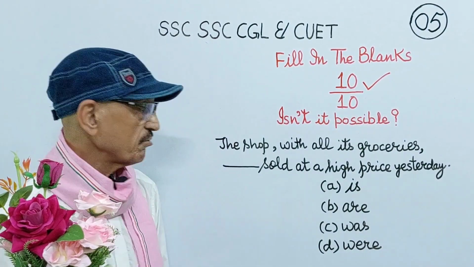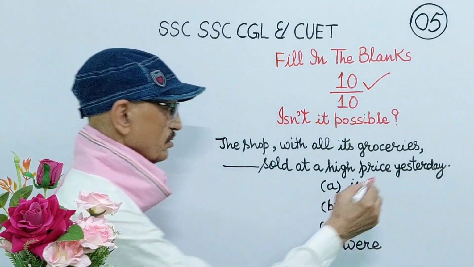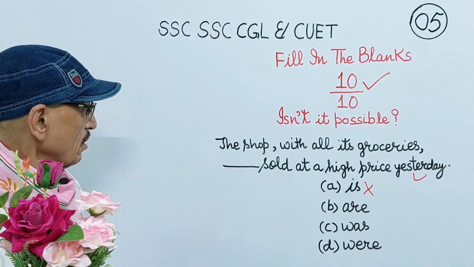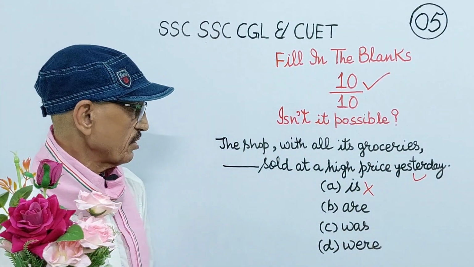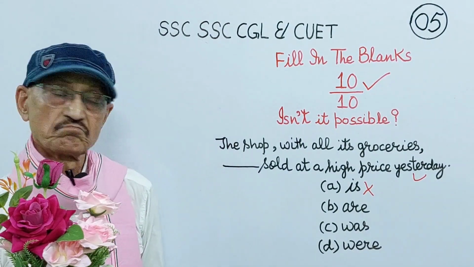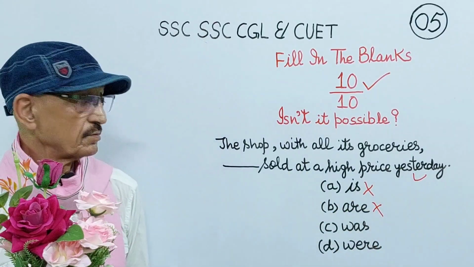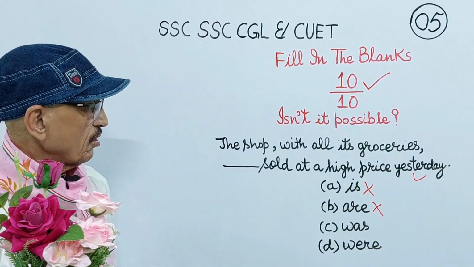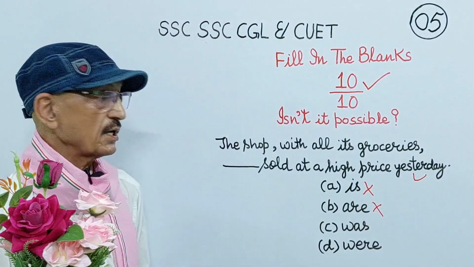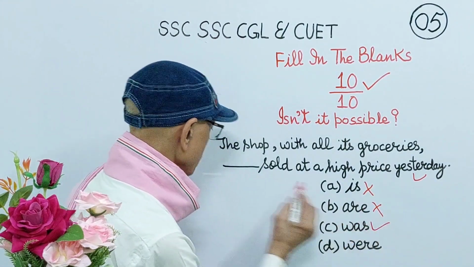No, this is incorrect because yesterday shows past tense, so you cannot take is. The shop with all its groceries are sold at a high price yesterday. Wrong. Past tense. The shop with all its groceries was sold at a high price yesterday. This is correct. Was.